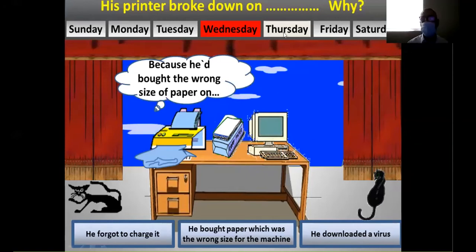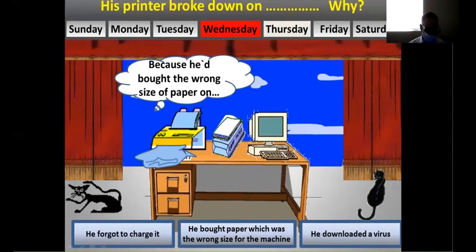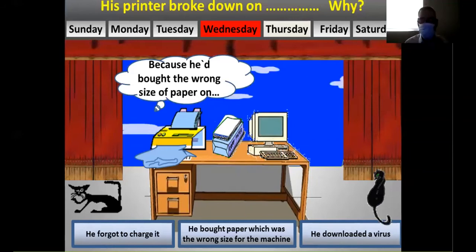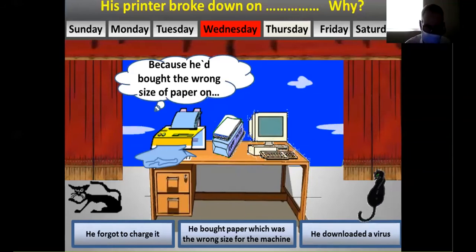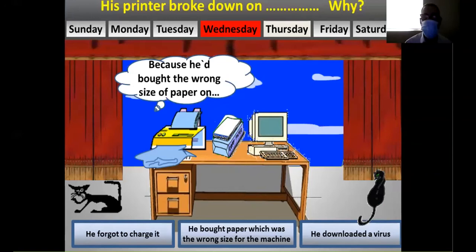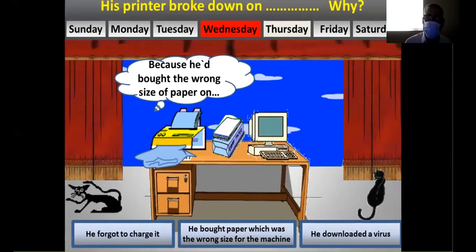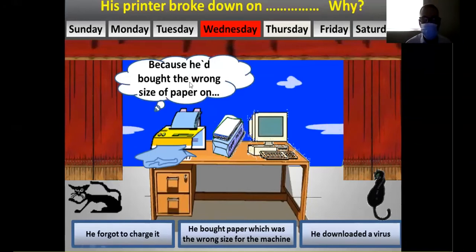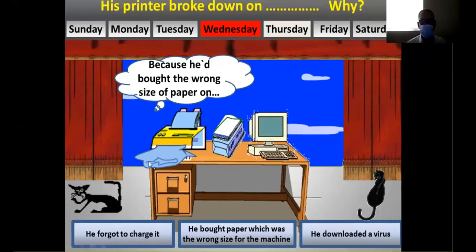So on Thursday, this is the day, both on all this week or the last week. Okay, and these actions happened, for example, last week. Imagine that they happened last week. On Wednesday, he had put the wrong size of paper.